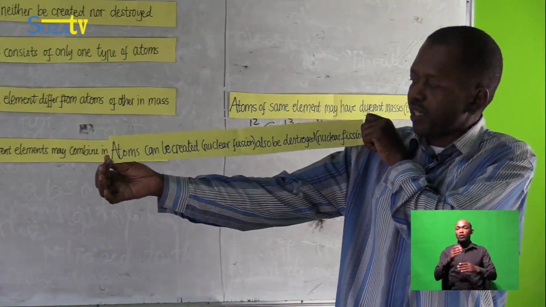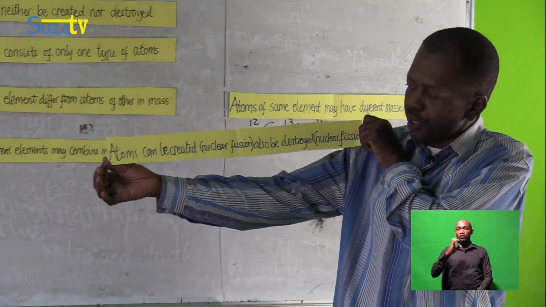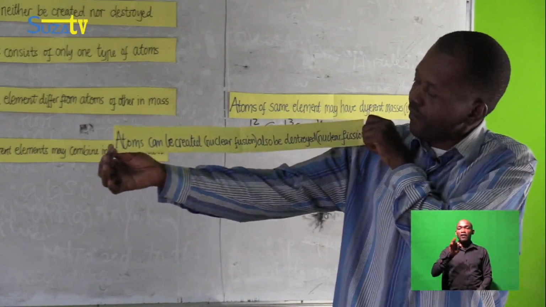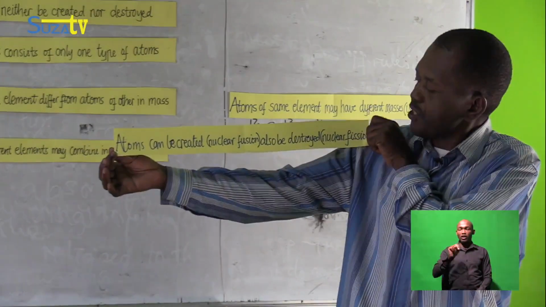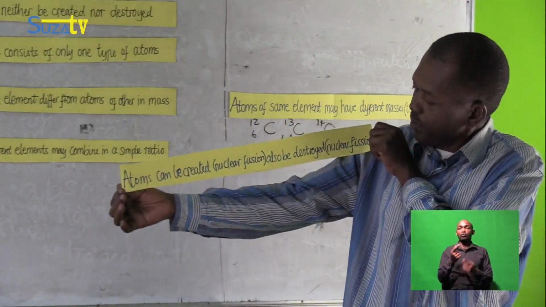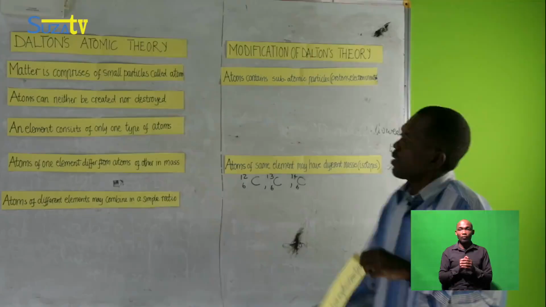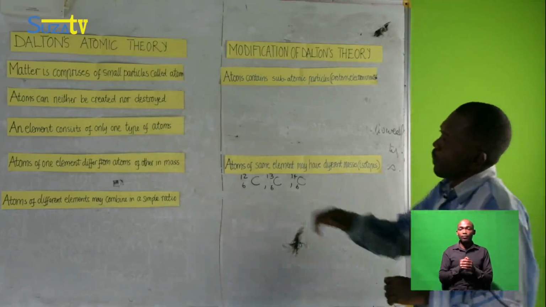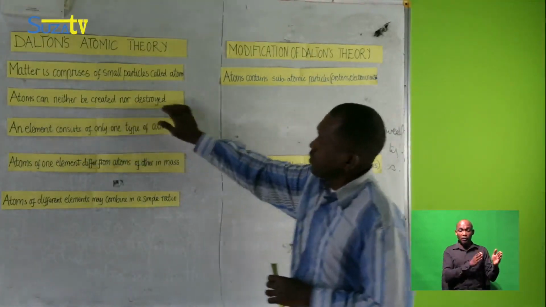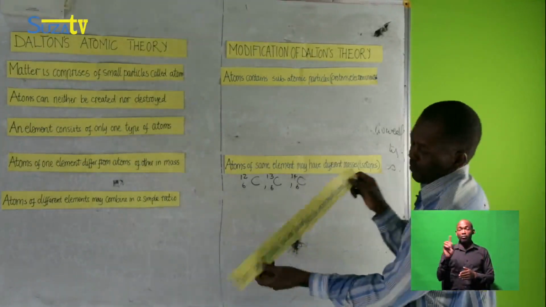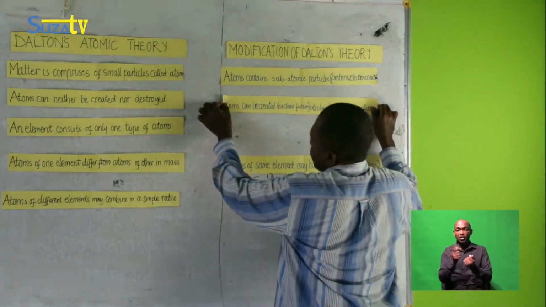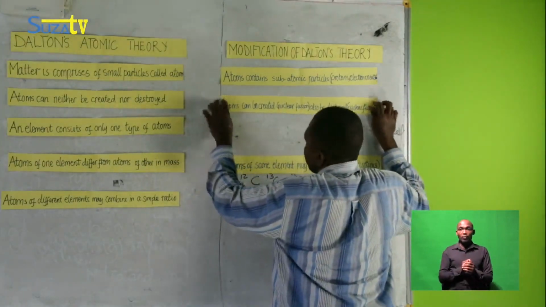So we have nuclear fusion, whereby atoms can be created, and nuclear fission, whereby atoms can be destroyed. Directly we have atoms can neither be created nor destroyed, but this one opposes that statement. So we can put it over here because it matches.